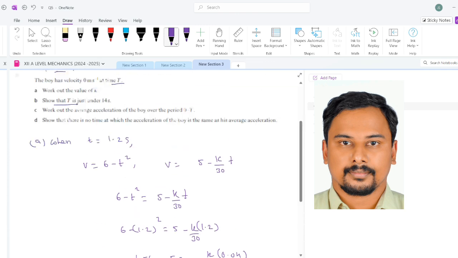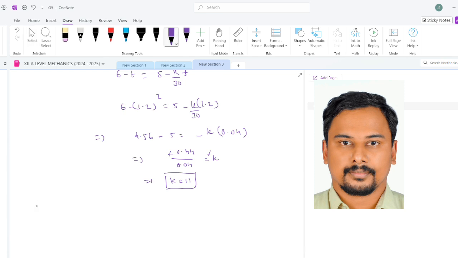Next, show that the time t is just under 14 seconds. That means we have to calculate the time. So which equation do we have to use to calculate the time? That is very important. We know that when time t is equal to capital T seconds, the velocity of the boy is 0, right? Since we got the k value 11, use the same equation.